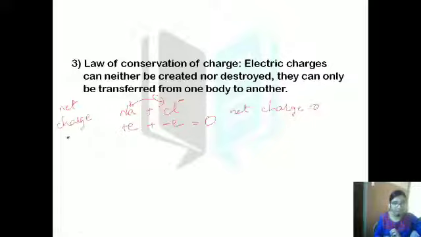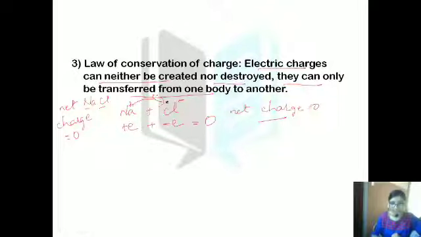Initially the net charge was 0 when sodium and chlorine were uncharged, and finally even after the transfer of charges, the net charge is 0. So the law of conservation of charge says electric charges can neither be created nor be destroyed, but they can only be transferred from one body to another body. Hope I am clear with this example.